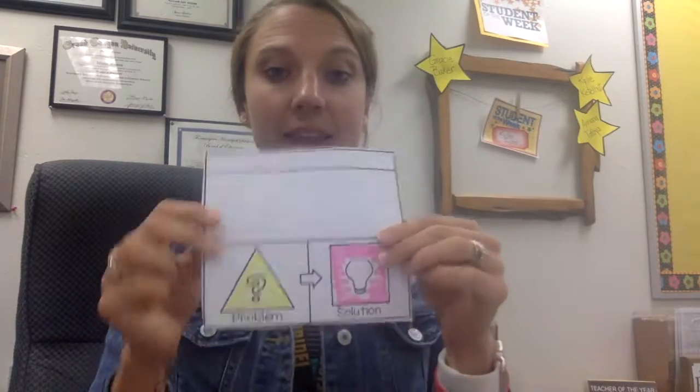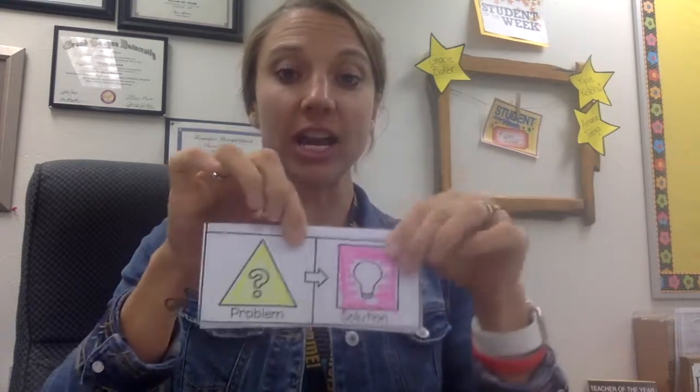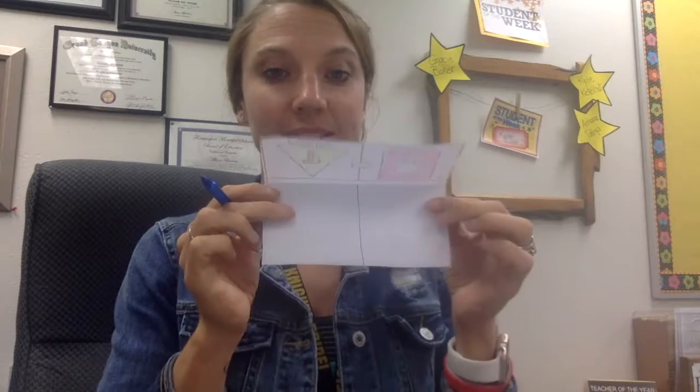Okay. Next, you are going to fold this in half. Being very careful here, and you're going to glue this into your foldable. And so what you're going to do is open it up on the inside and draw a line to divide inside so that it looks like this.